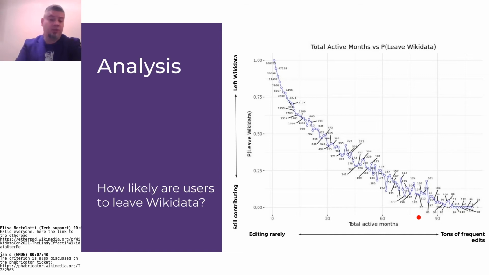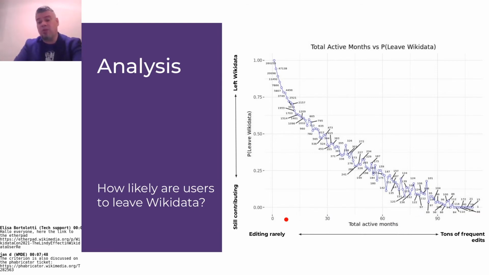Once again, the number of total active months. So we take a look at the user revision history. We find that somebody registered in Wikidata, say 100 months ago, right, or 50 months ago. And then we count in how many months that user made more than 5 edits or 5 edits exactly. And we simply count the number of active months, right?